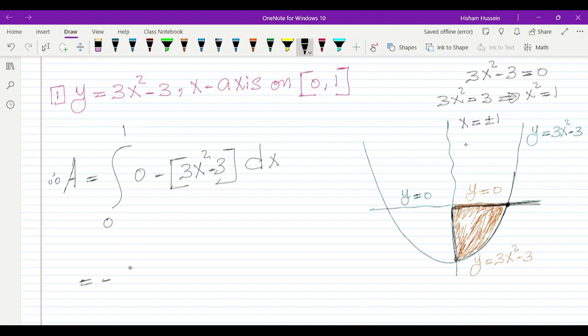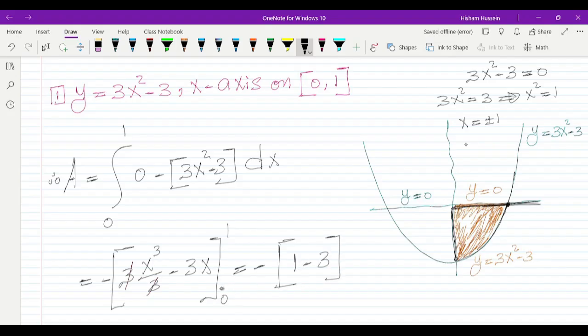Integration of 3x squared is 3x to the power 3 divided by 3, minus 3x, with the limits from 0 to 1. Cancel 3 with 3. So this will be negative, replace x by 1, you will get 1 minus 3. Minus, replace x by 0, you will get 0. So this is 2 at the end.